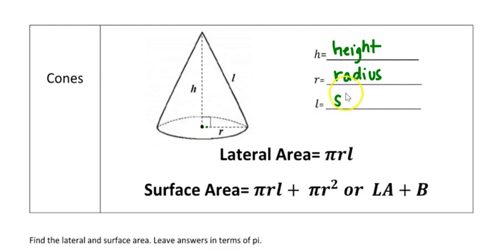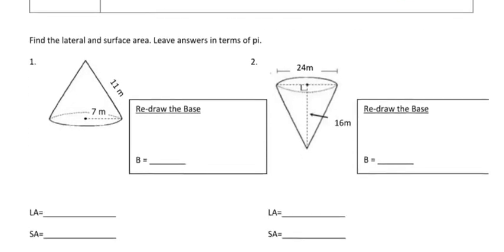And we'll still have slant height. And we'll follow these directions to find the lateral area. It's going to be pi times the radius times the slant height. And then surface area will be taking the lateral surface area plus the base at the bottom. So all of these will have a circular base.